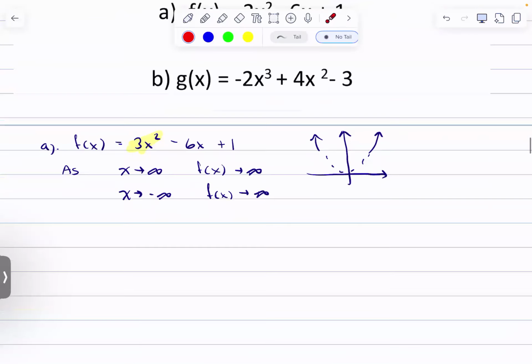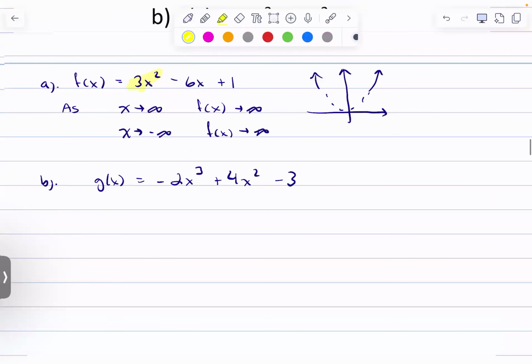Let's do B, where we have g of x is negative 2x to the 3 plus 4x squared minus 3. Keeping track of the negative, right? X to the 3, we know what that looks like.